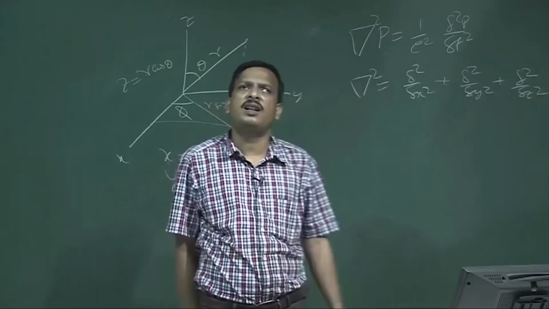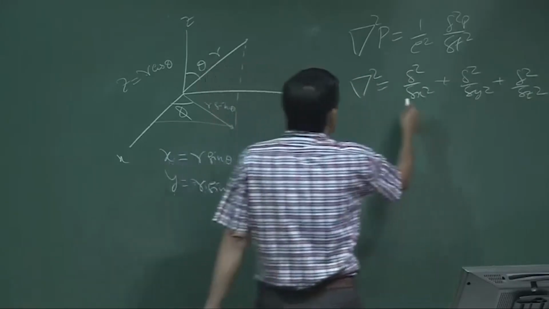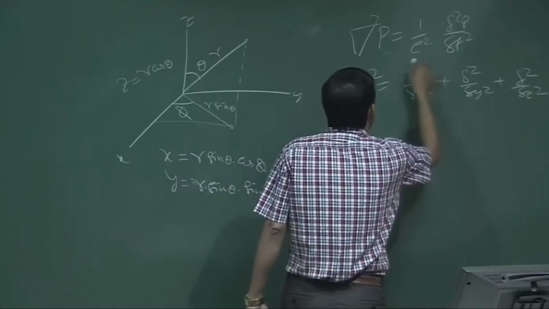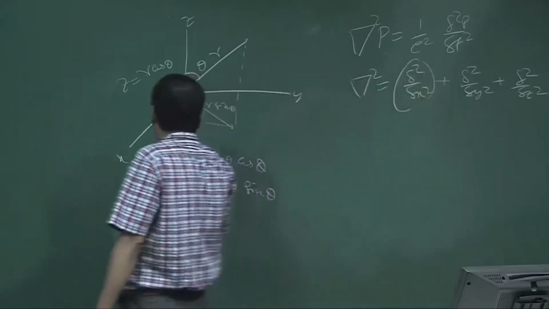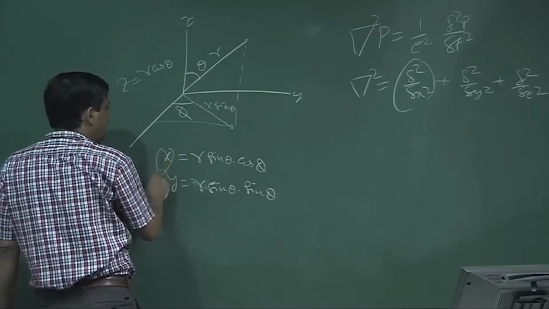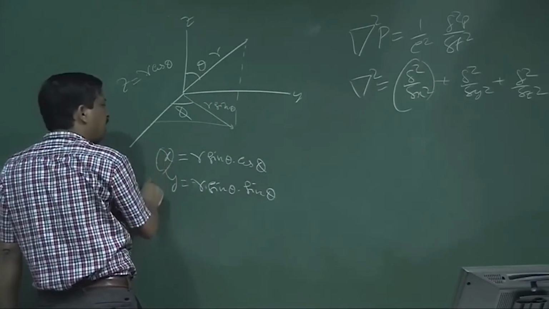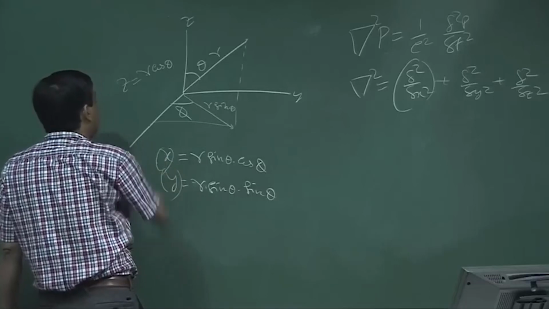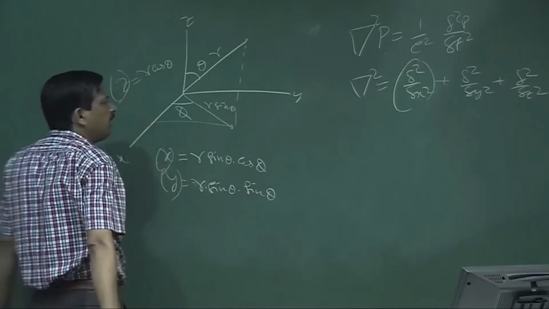Instead of x, y, z, these terms can be calculated: del square by del x square, del square by del y square, and del square by del z square.